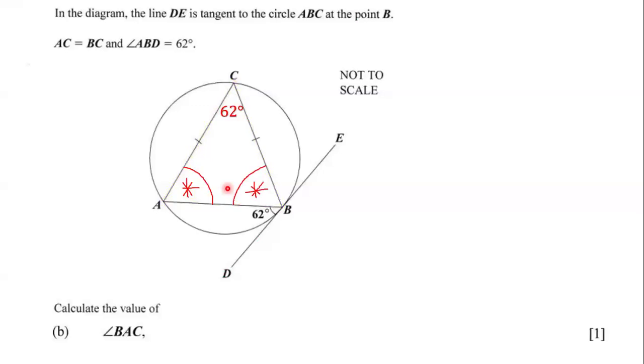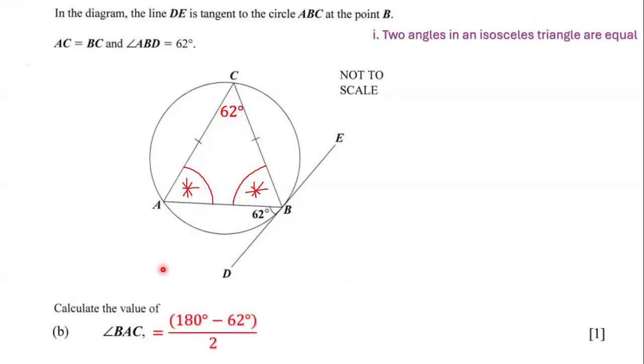Now, what do we know about the interior angles of a triangle? They must add up to 180. So we take 180 minus 62, and when we do that, we get 118.